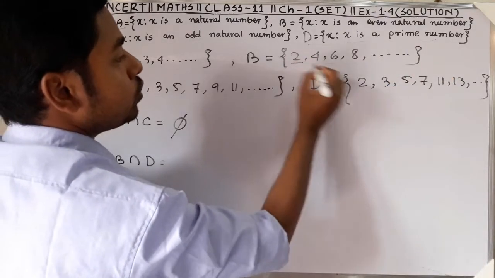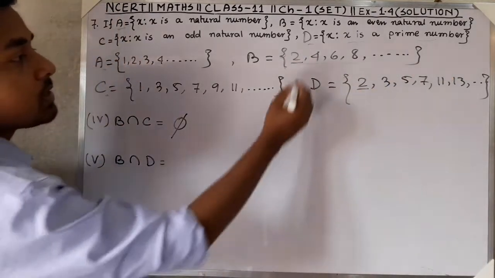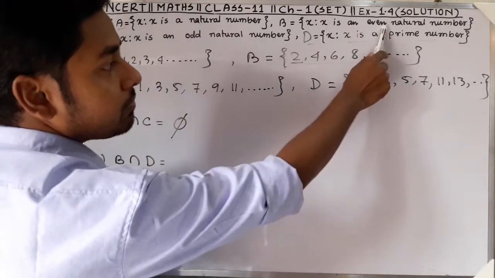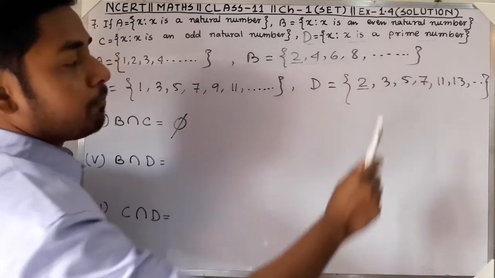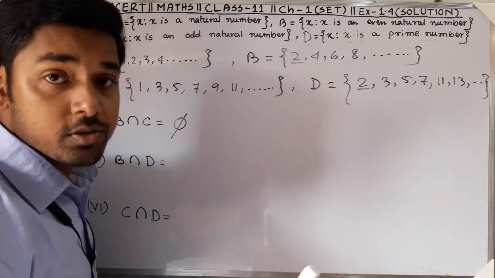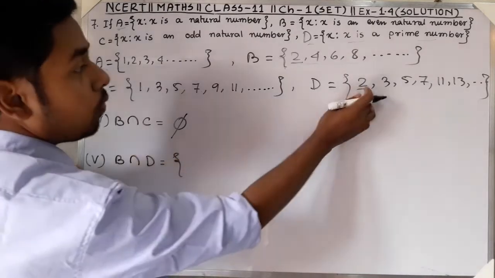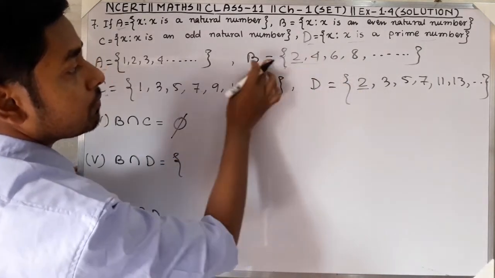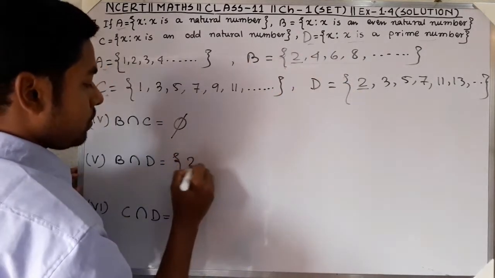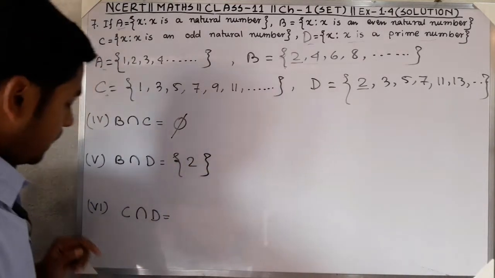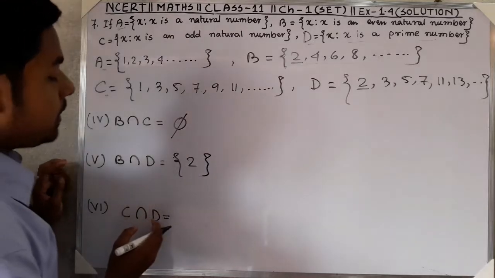This is 2. 2 is the only number which is an even number and also prime. So there is only one common element between B and D. So only one. Clear?